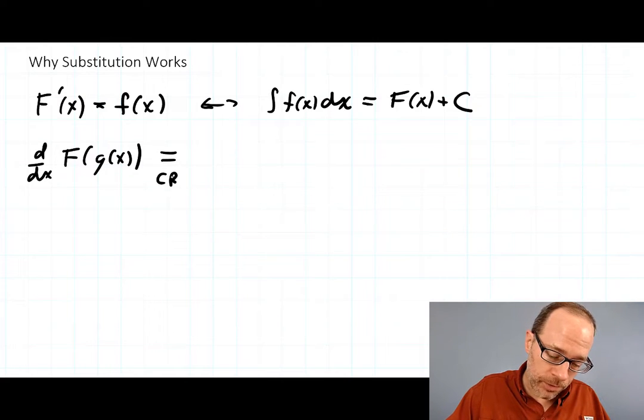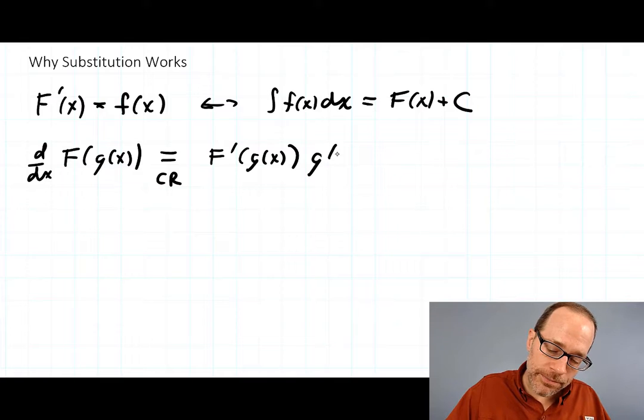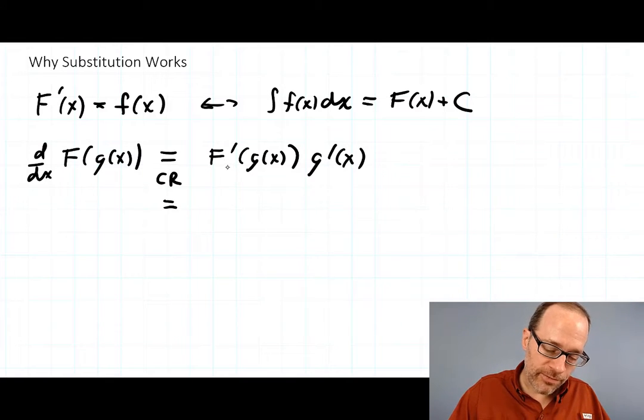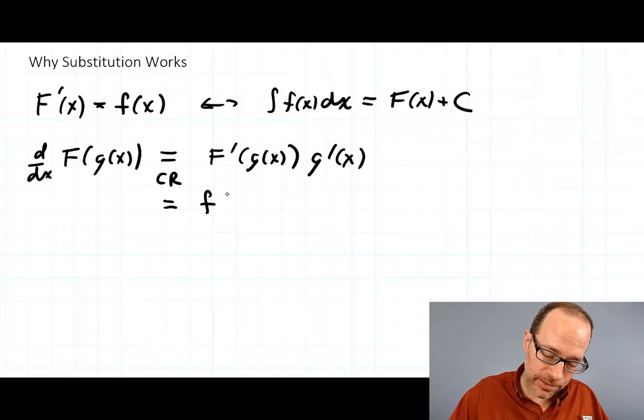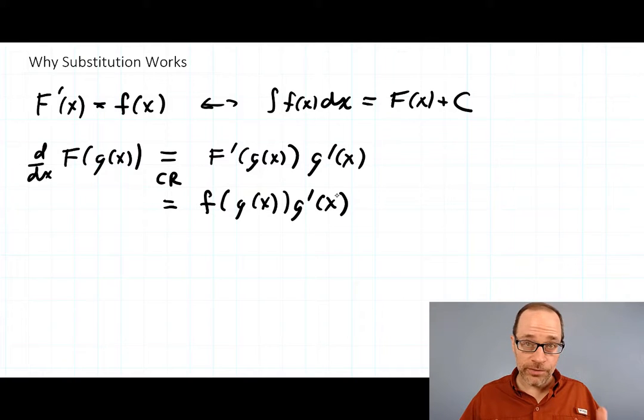So the chain rule says it's the derivative of the outside, evaluated at the inside, times the derivative of the inside. But remember, capital F prime is little f, so that's little f of g of x, times g prime of x. All right, that's the derivative rule.